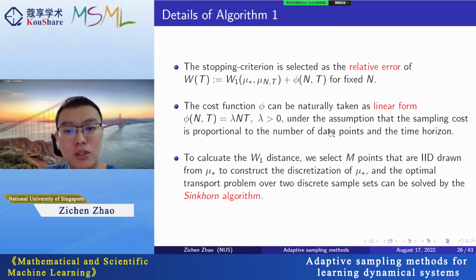To calculate the Wasserstein distance, we select M points IID drawn from the continuous distribution mu star to construct the discretization of the target measure, and then use the Sinkhorn algorithm to calculate the optimal transport problem between two discrete data sets.